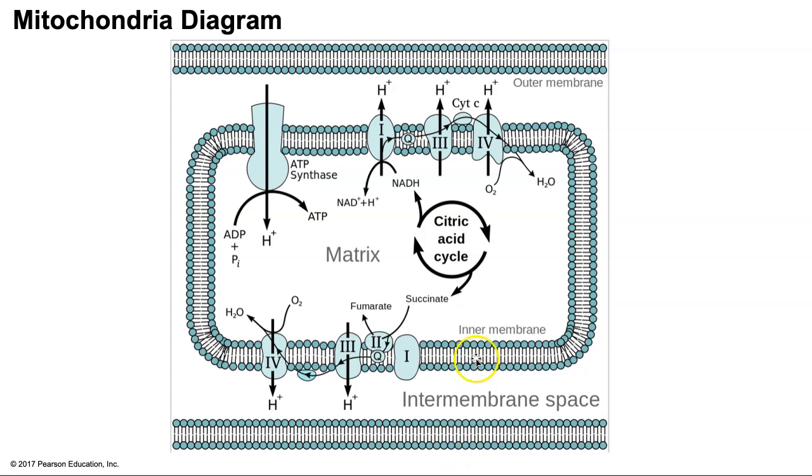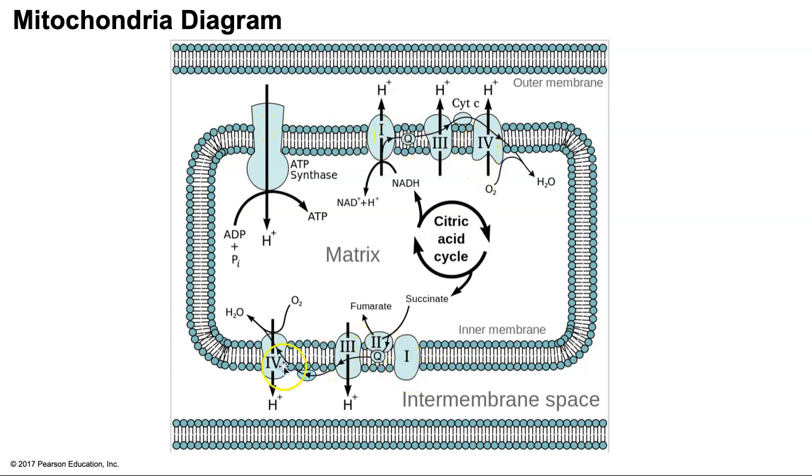Between the outer and inner membrane is the intermembrane space, which just means between membrane space. This space is very acidic. And then in here in the inner mitochondrial matrix, or just the matrix, it's less acidic. In this inner membrane here, this phospholipid bilayer is where we have our complexes.